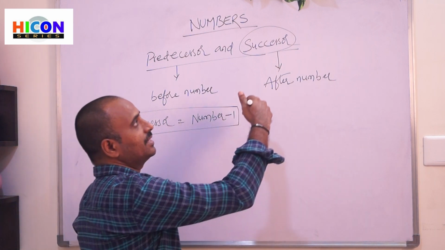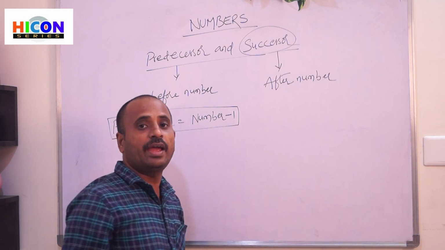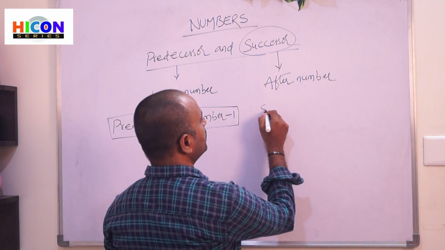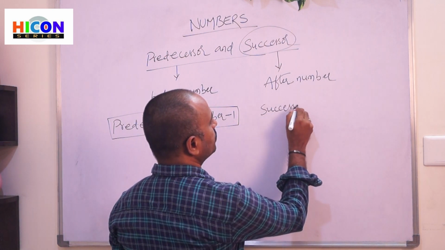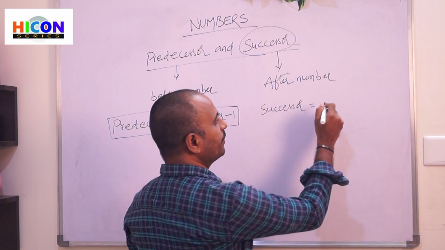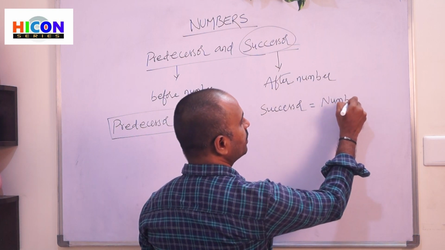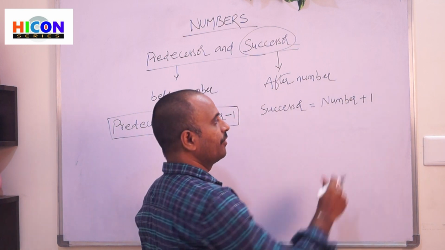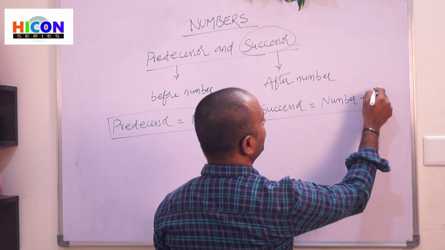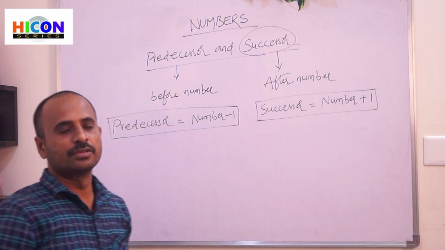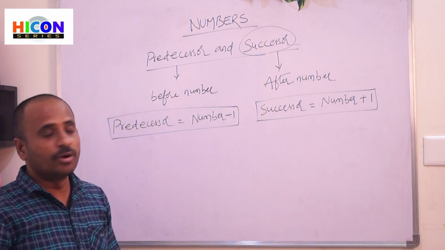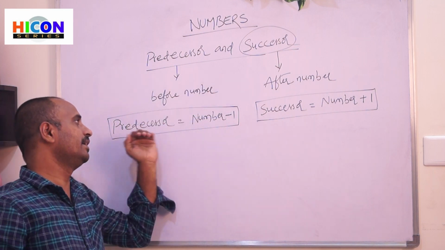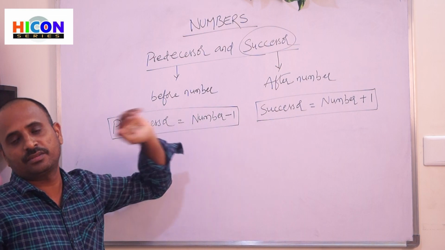And how can you obtain the successor for a given number? If you add 1 to the given number, we will get the successor. That means successor is equal to number plus 1. So this is about what is a predecessor and what is a successor, and how can we get them.